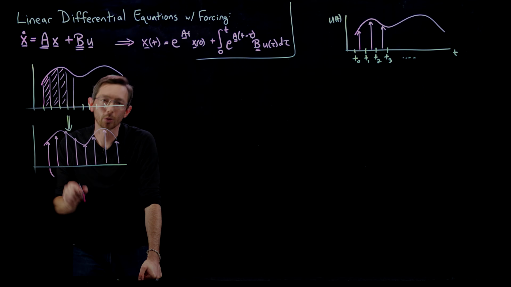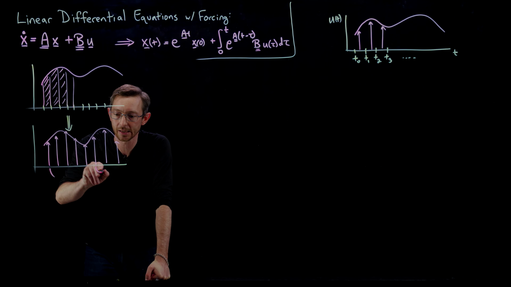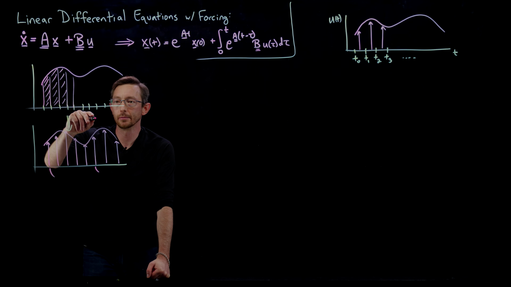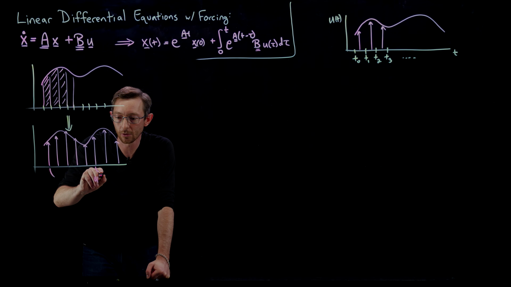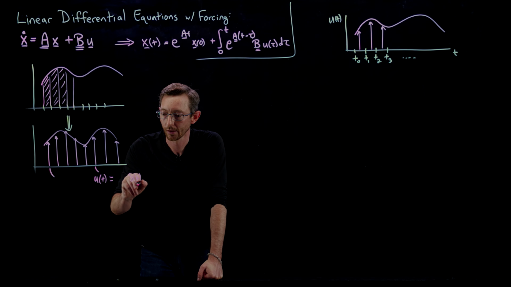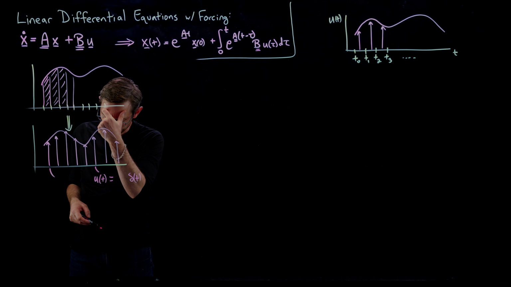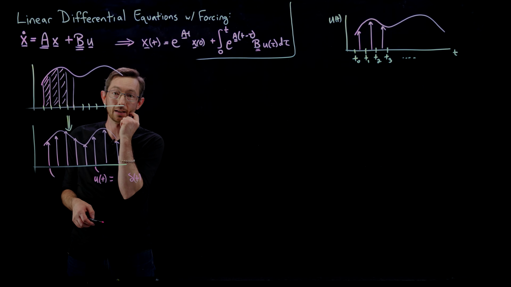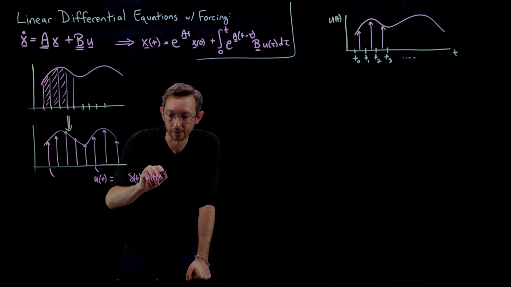And so let's take this impulse here. Let's call this at some t. U of t is approximately equal to a delta function at t times whatever that little infinitesimal area is there, which I'm going to claim is U of t times a little delta t.